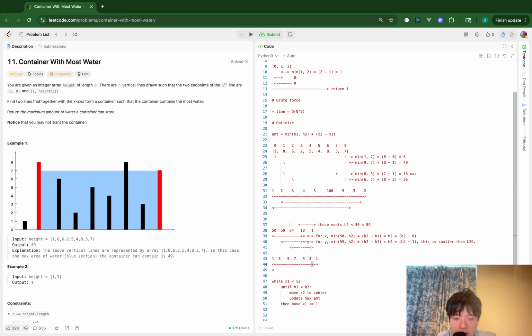So I move the left pointer by 1. Then I start from here and I shrink this. And once this is equal, I don't have to move this right pointer to 5 because it doesn't increase the amount.